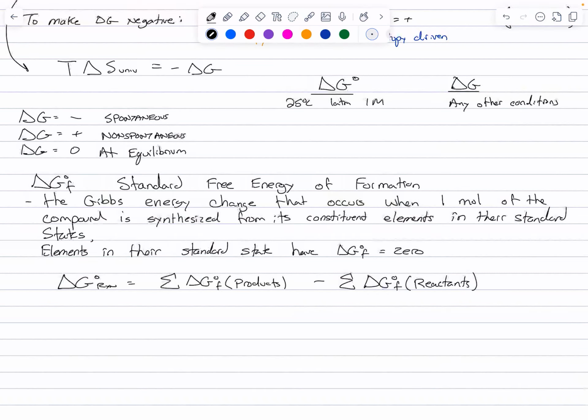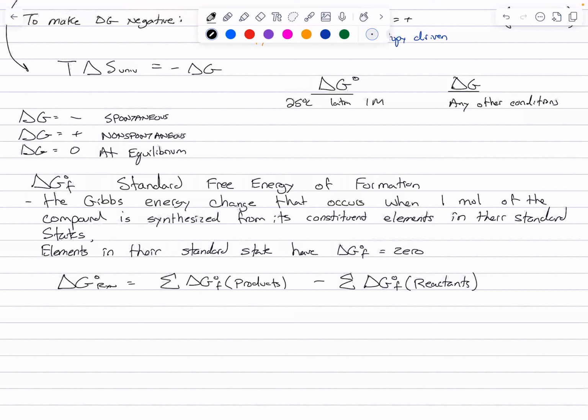So it's products minus reactants again. So that's the second way we're going to calculate delta G, if you have the free energy of formation. So there's different ways to calculate it depending on what we're doing, what data you're given.